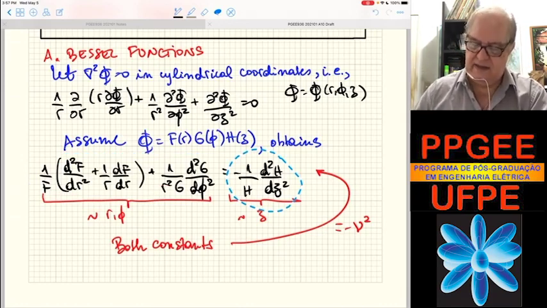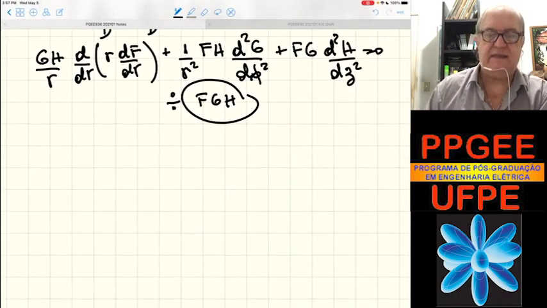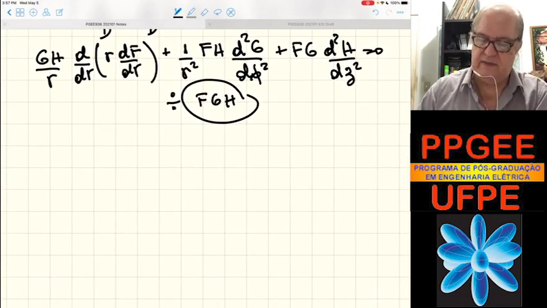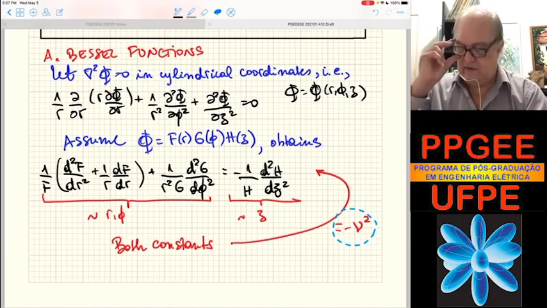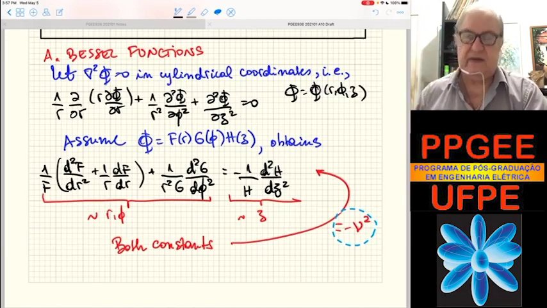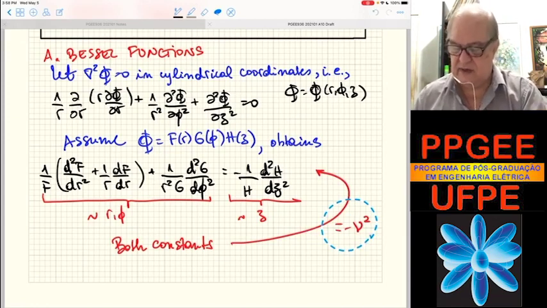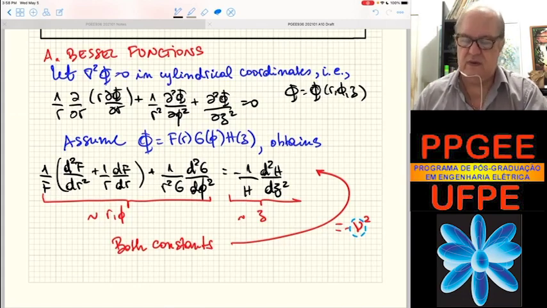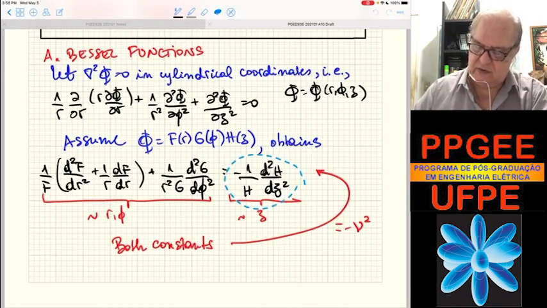And for the second equation, we're going to generate something that depends on the separation constant. We're going to call the separation constant a real number, and a negative real number, represented by the separation constant nu. So after we do that separation, this equals minus nu squared.